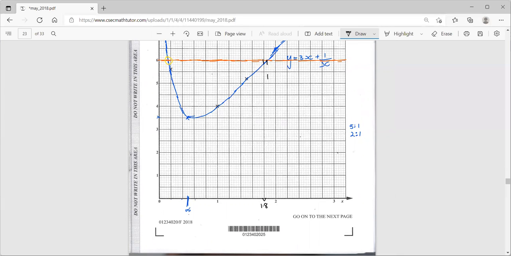Well, we could do 1.82, we could do 1.85, 1.2, 1.4, 1.6, 1.8.